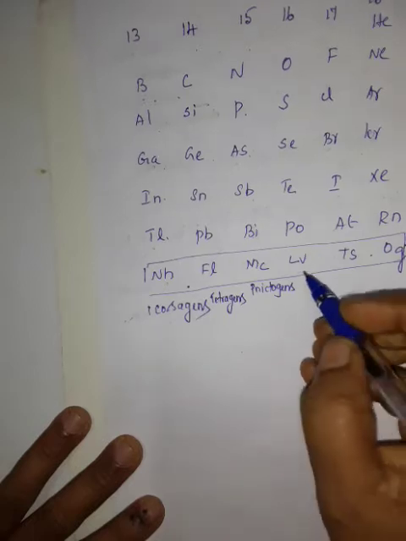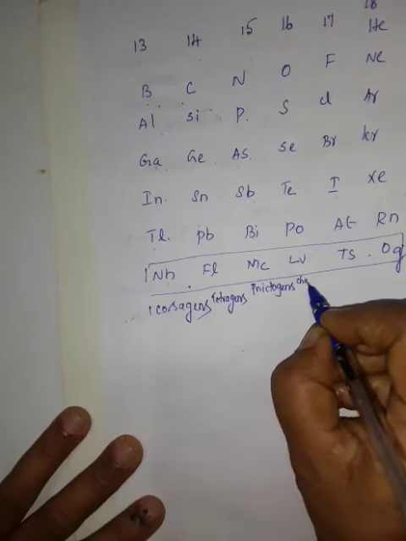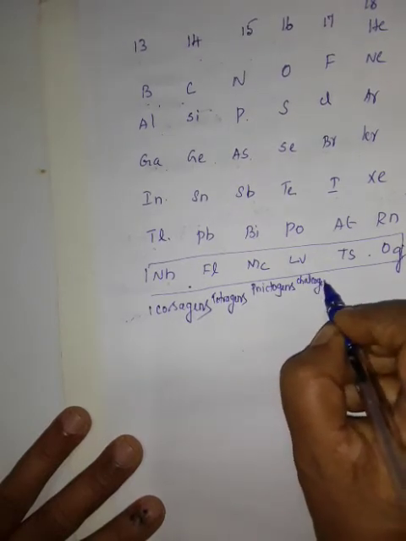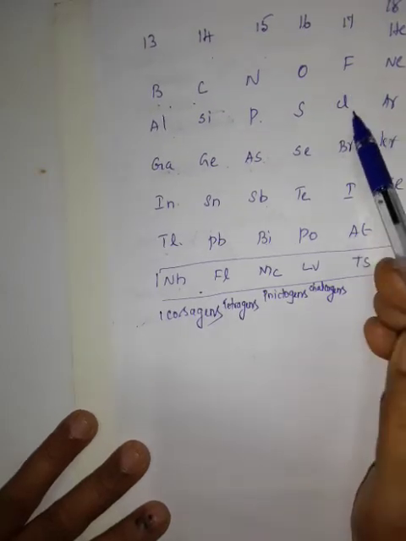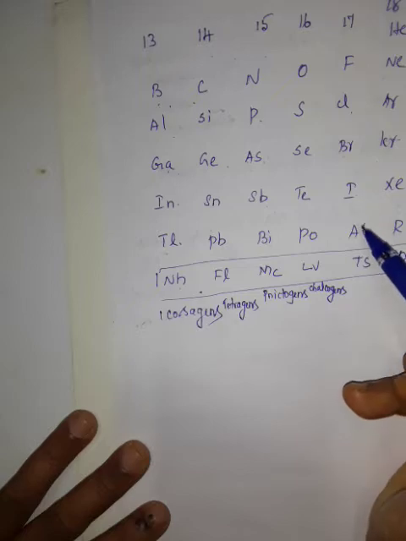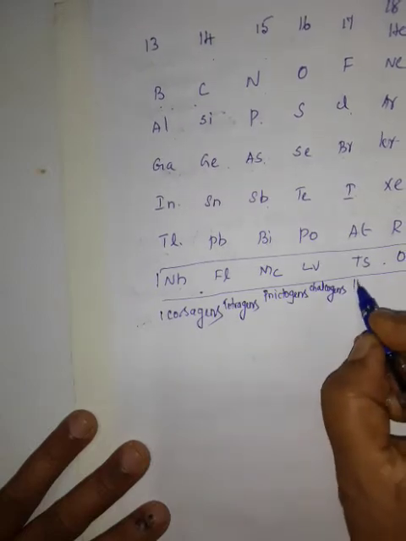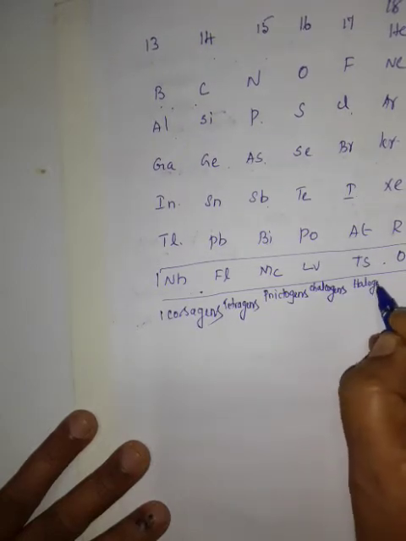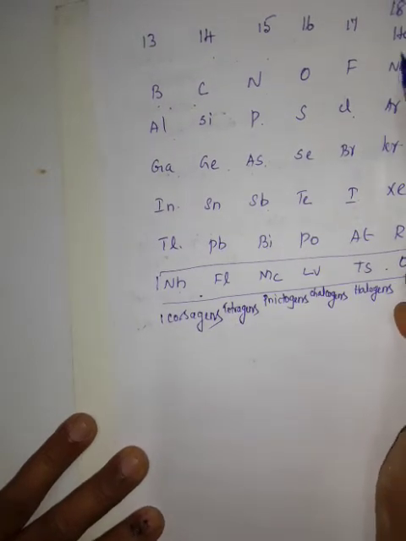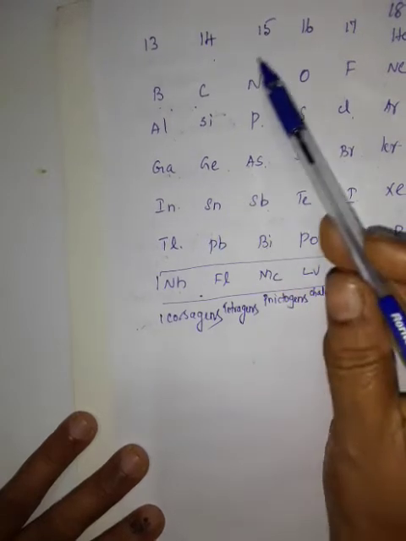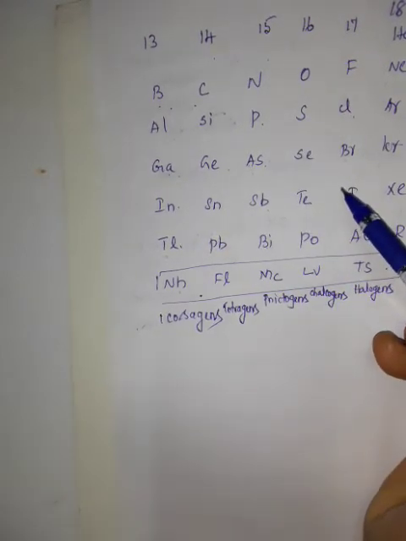This group is called the chalcogens group. Next the 17th group: fluorine, chlorine, bromine, iodine, astatine. This group is called the halogens group. Then the last, the inert gases, 18th group: helium, neon, argon, krypton, xenon, radon. These are the P block elements.